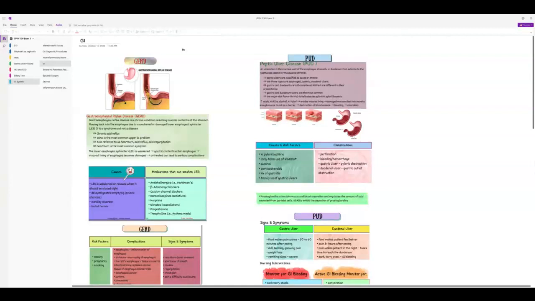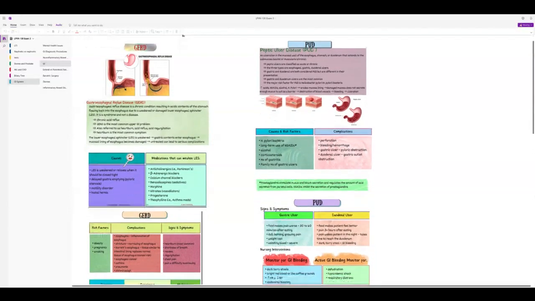The risk factors are people that are obese because the pressure makes this sphincter weak. People that smoke, people that drink alcohol or too much caffeine can get GERD.